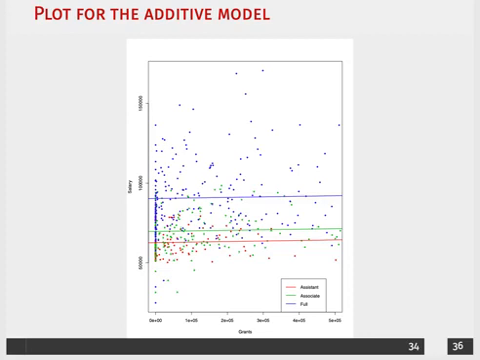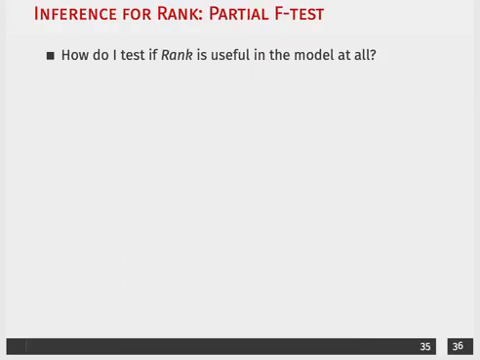But the real question here is whether or not we should be distinguishing between rank, i.e., are these different lines different from each other in the sense of where they cross the y-intercept, right? Because we're not comparing differences of slopes. We're not assuming that there's a different effect of grant by rank on salary. So we need to conduct some hypothesis test. Now, how do we test if rank is useful in the model at all?